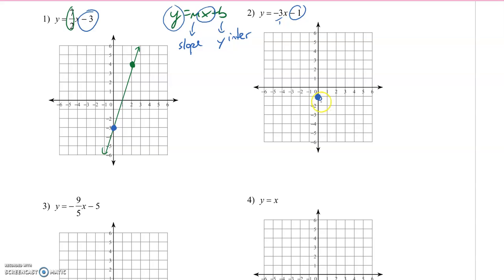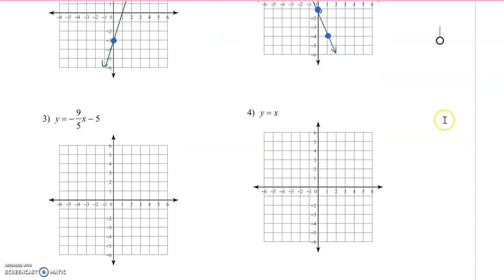So you've got a rise of -3, and since it's negative, I'm going to go down: 1, 2, 3, and then 1 for run, something like this. And then I can draw my line through them, something like that. Okay, so there we go, there's that one.